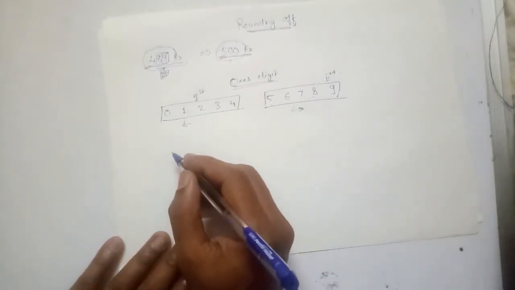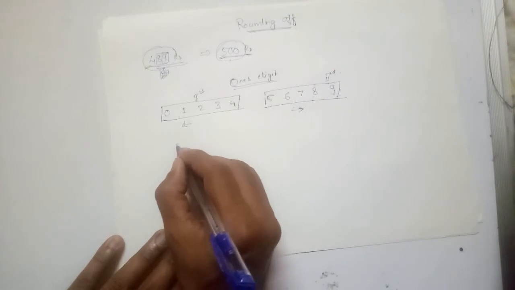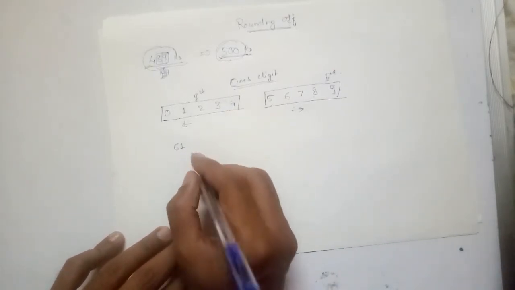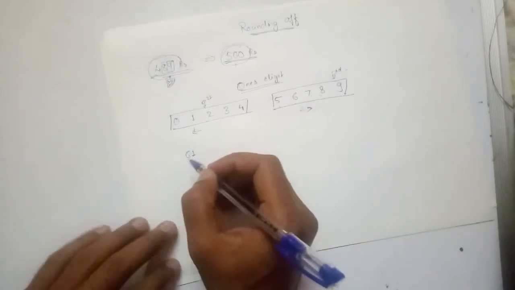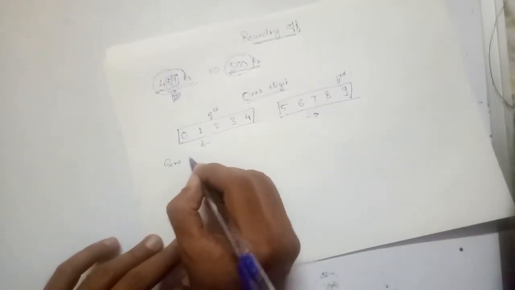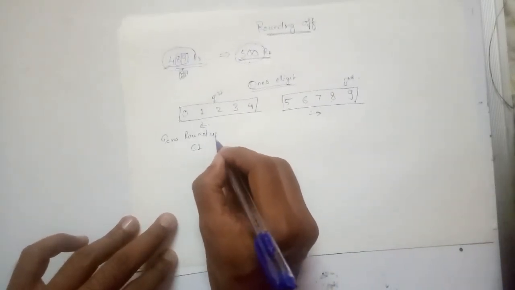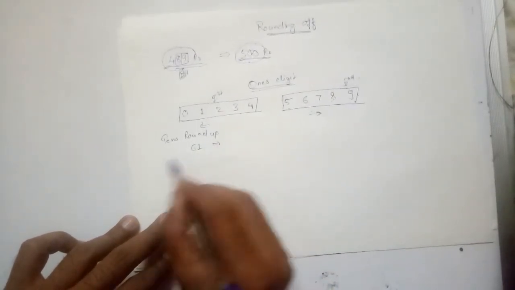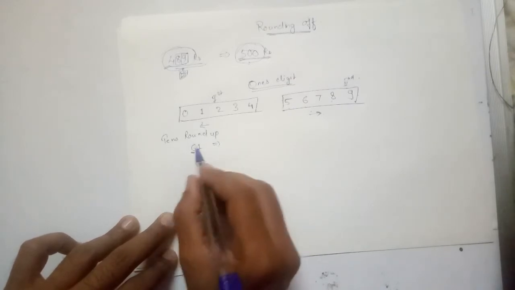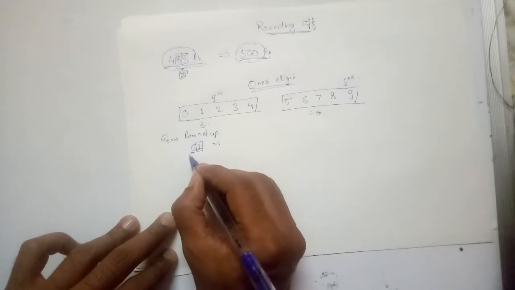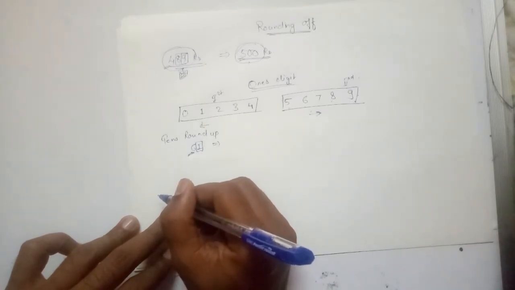If I have to round up a 2-digit number, suppose it is 61, we have to do the tens place round up. The tens place is carried by 6, and from the basic rule we are going to round up this 6.